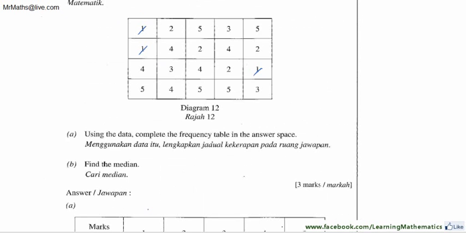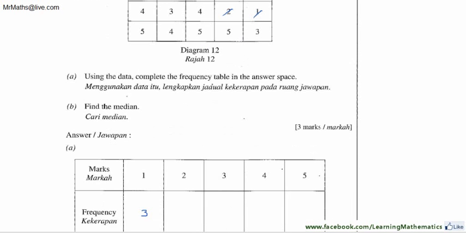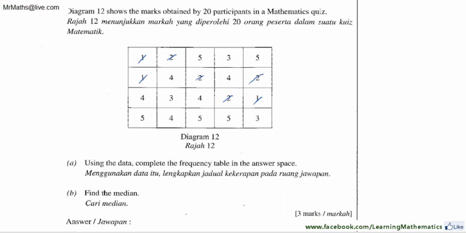Mach 2, that is 1, 2, 3, 4. So Mach 2, the frequency is 4, and what about 3? 3 is 1, 2, 3.